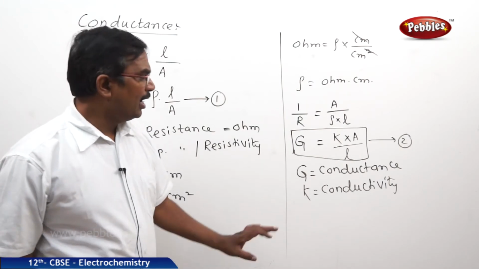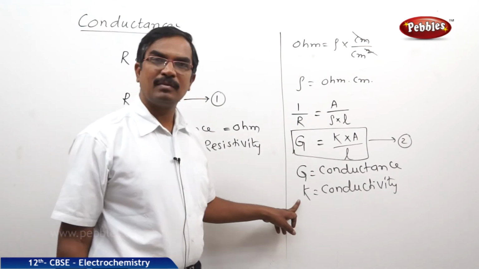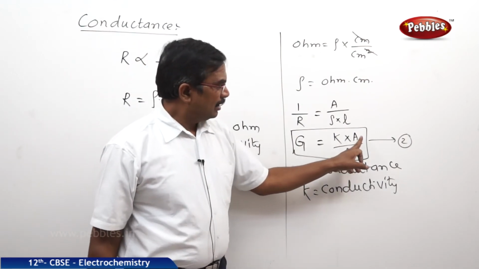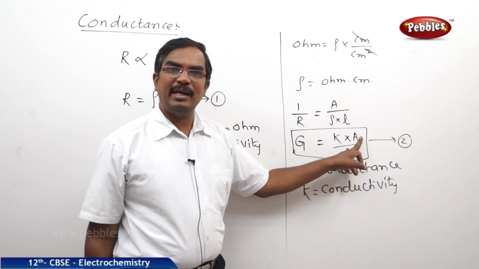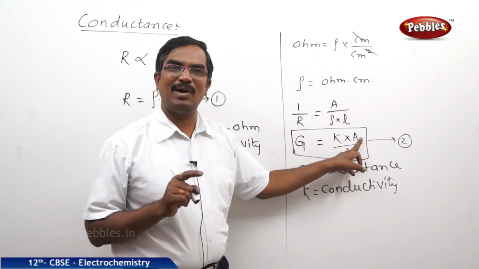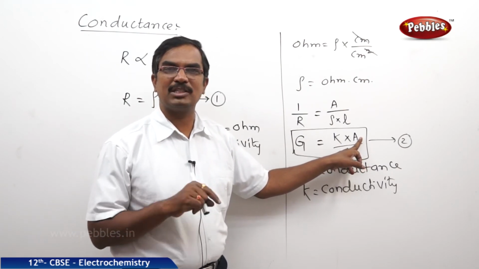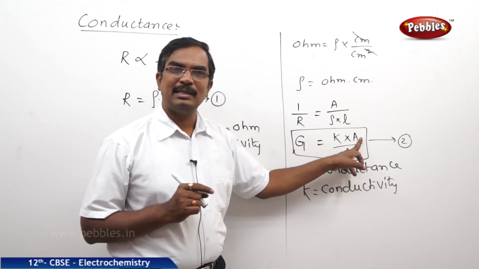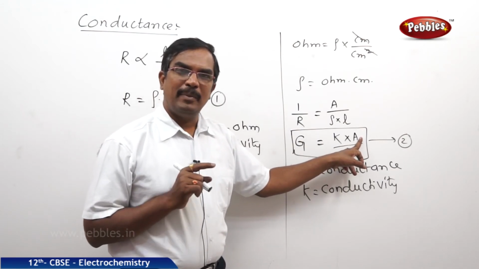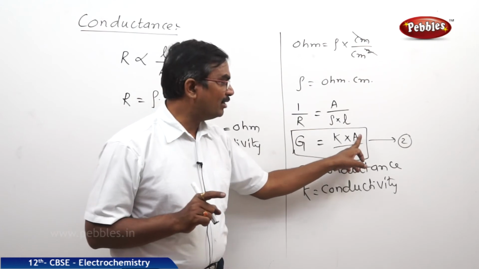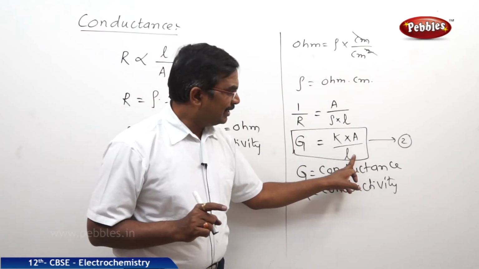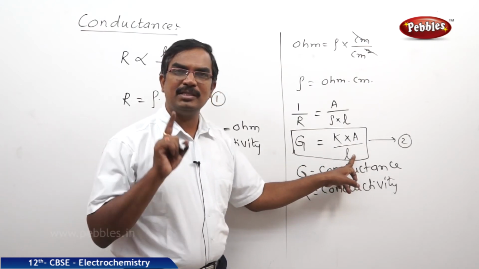In order to define this K, I am taking the cross-sectional area A as unity, nothing but 1 centimeter square or 1 meter square. This A value is 1, and this L, or the distance, I am also taking as unity.